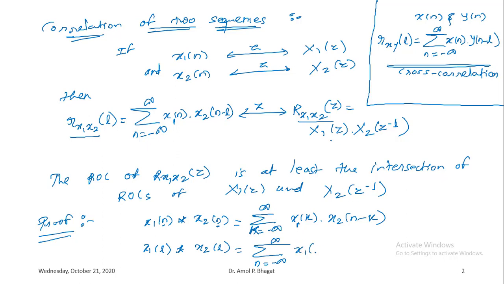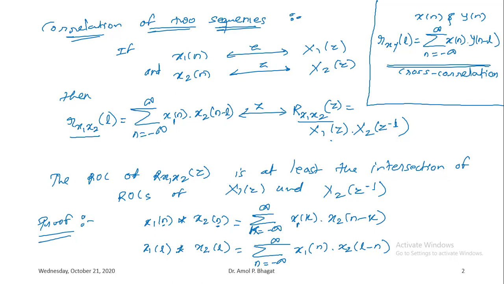So it will be x1 of n multiplied by x2 of L minus n, right? This is as per the convolution formula.